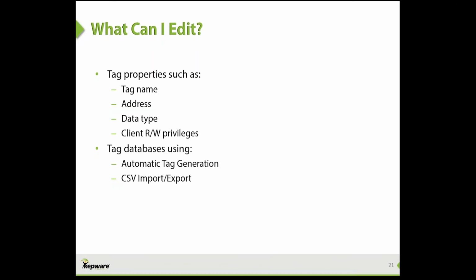Allen Bradley allows what we call automatic tag generation from the device, so we can go out to the controller, grab the entire program and all the items existing in that controller and suck them into KEPServerEX. You can do that automatic tag generation on the fly with clients connected and modify your tag databases that way. You can also do that kind of global database tag edit through CSV import and export while clients are connected with these new changes.